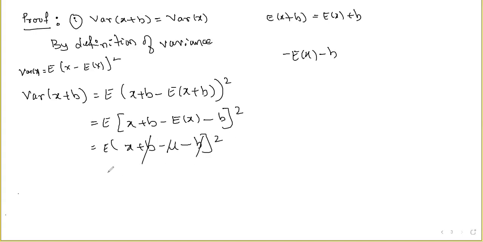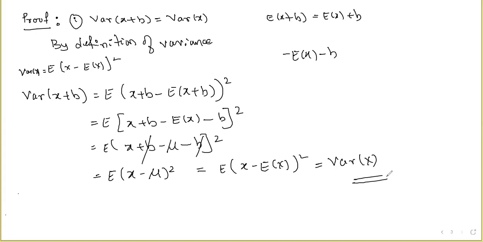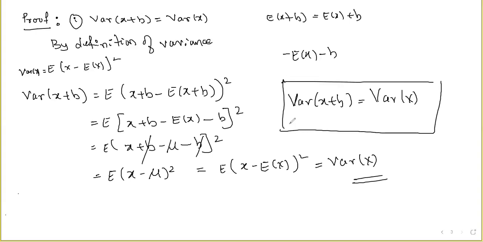This plus b minus b gets cancelled. Now we have expected value of x minus mu whole square. Mu is nothing but expected value of x, whole square. So again we got the variance of x definition. So variance of x is proved, right? It means that variance of x plus b is always equal to variance of x. Clear? So this is the first proof.